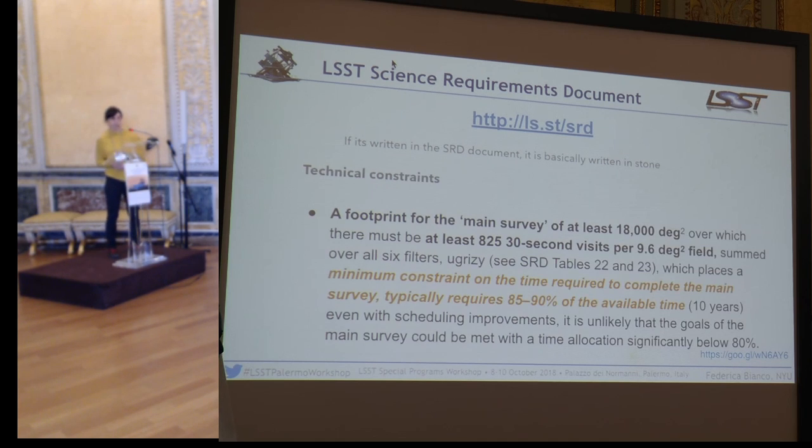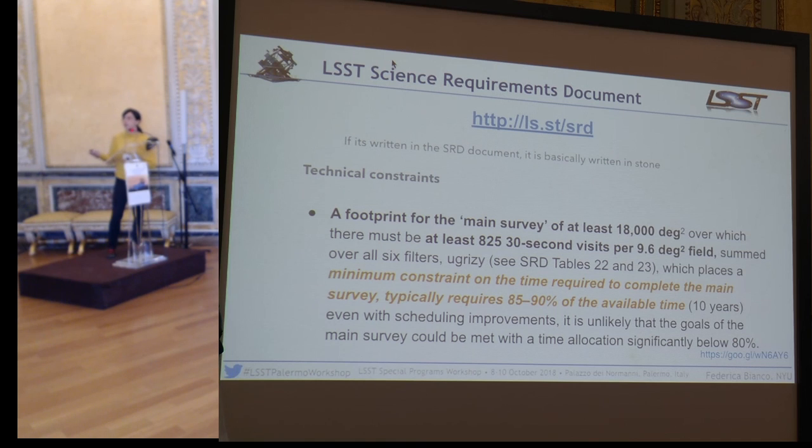Other things that are not going to change, that are consequences of the fact that those are the 4 science pillars, are generally the depth and the breadth of the survey, so the sky area of the survey, do have constraints. About 18,000 square degrees will have to be covered to successfully approach those 4 science goals.